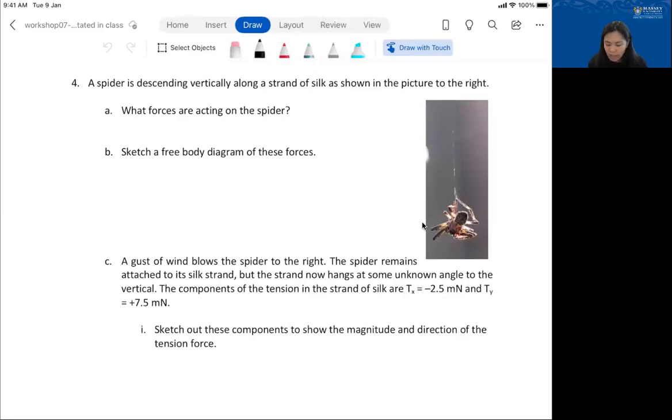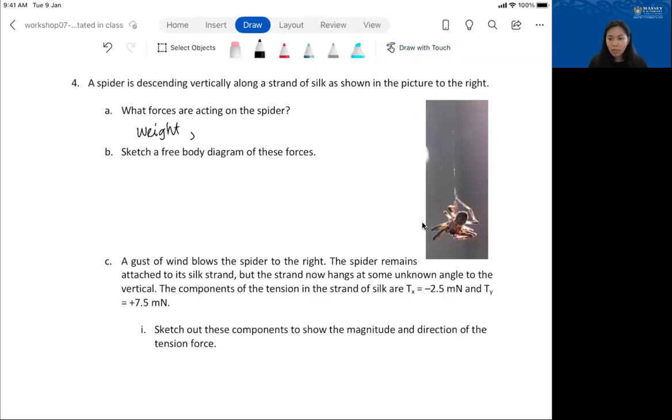So what forces are acting on the spider? We know that anything that has mass will have weight, so the spider should have a weight force acting on it. What other force is acting on the spider?